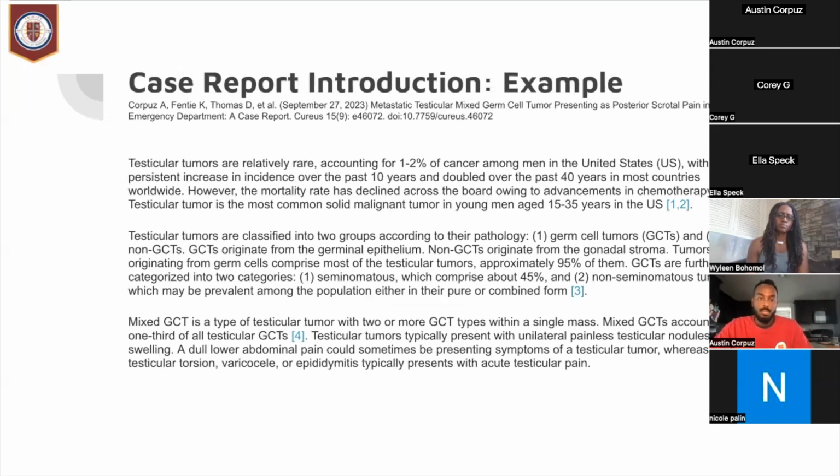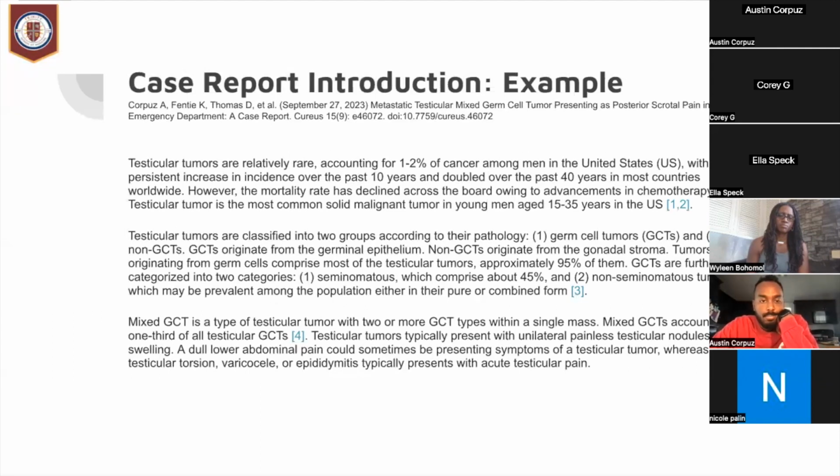So back to my example, testicular tumors are relatively rare, accounting for 1 to 2% of cancers among young men in the United States. However, the mortality rate has declined across the board owing to the advancements of chemotherapy. Testicular tumor is the most common solid malignant tumor in young men aged 15 to 35 years in the US.